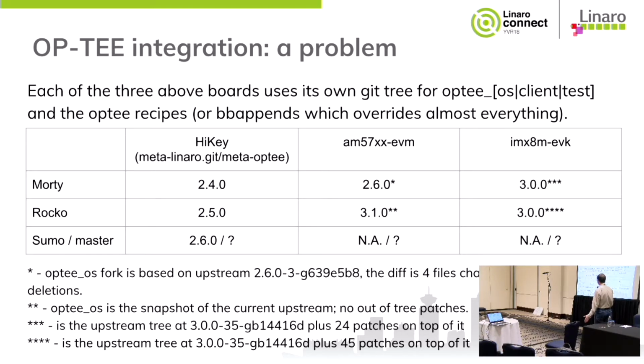So far, as we had only high keyboard with Opti support in the builds until now, we didn't face a kind of problem with the Opti versions. So the left column for high key shows what Opti versions are supported in a Meta-Ihg layer, which is used, for example, in reference platform builds as well.